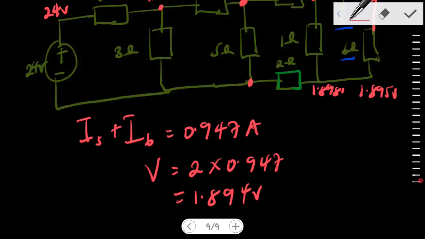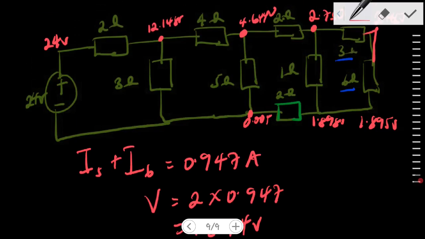It's 0.004, but approximately it is 0. So all of this up to here approximates to 0 volts, because if I round off, it is almost 0. So all of this is at 0 potential.